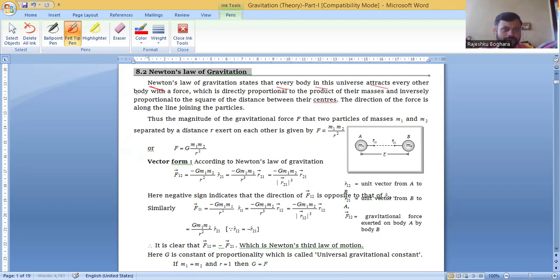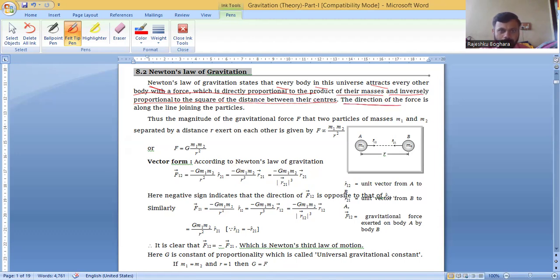Body with force, which is directly proportional to the product of their masses and inversely proportional to the square of the distance between their centers.